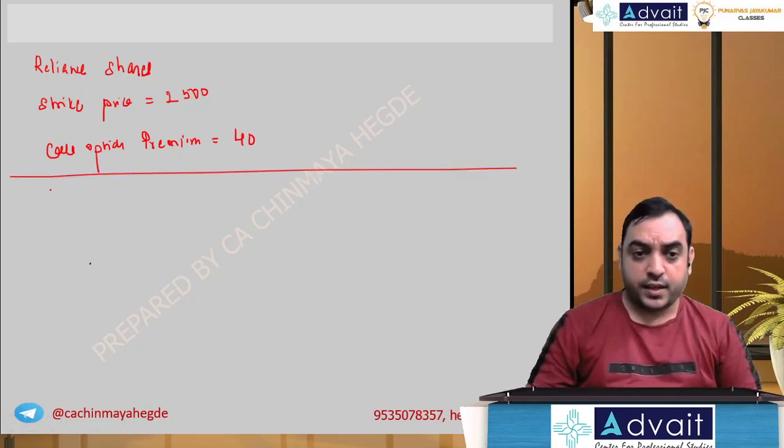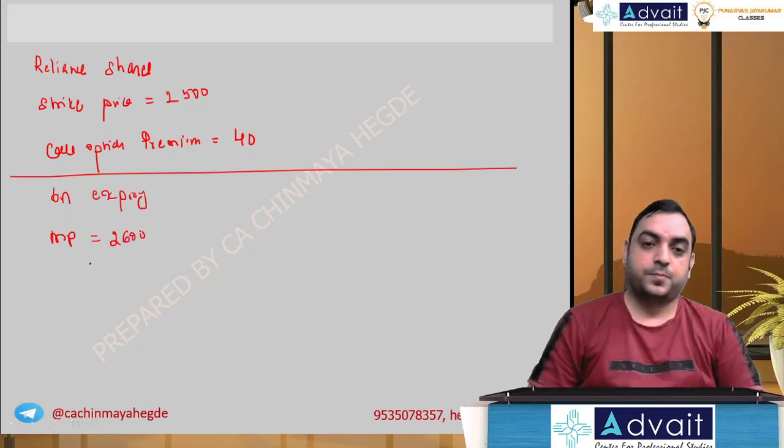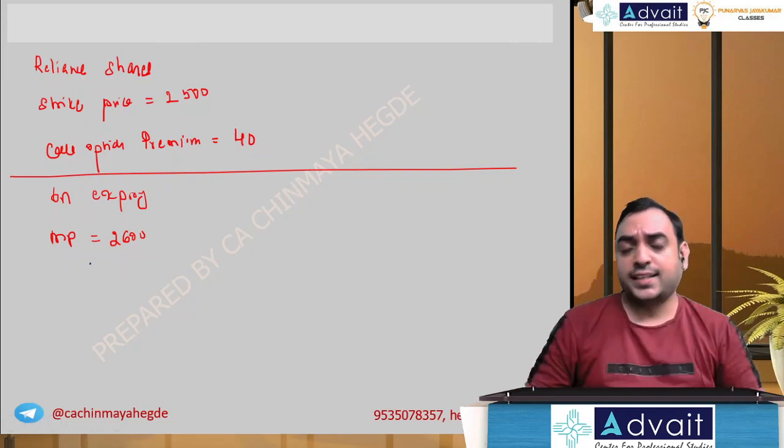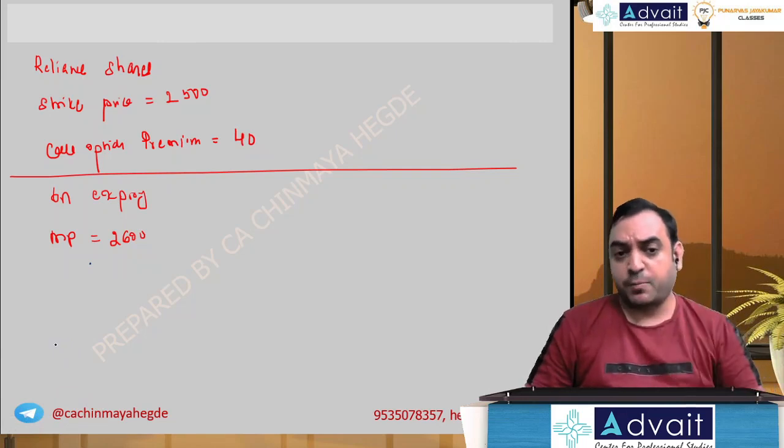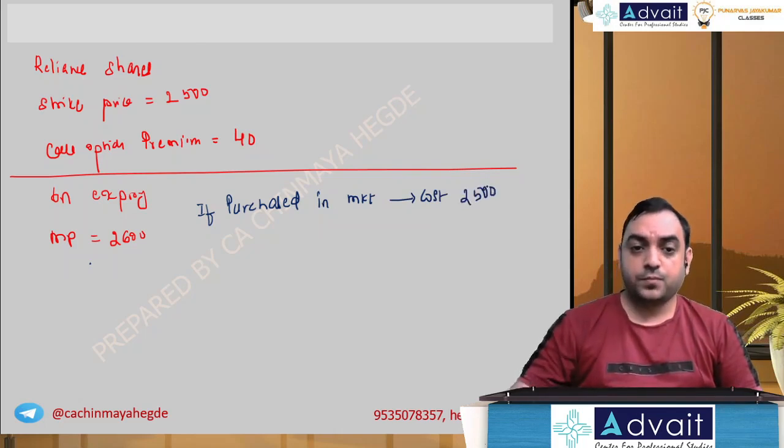Okay, now on expiry, suppose the market price is 2,600, how should you analyze? If purchased in the market, this will cost you 2,600.